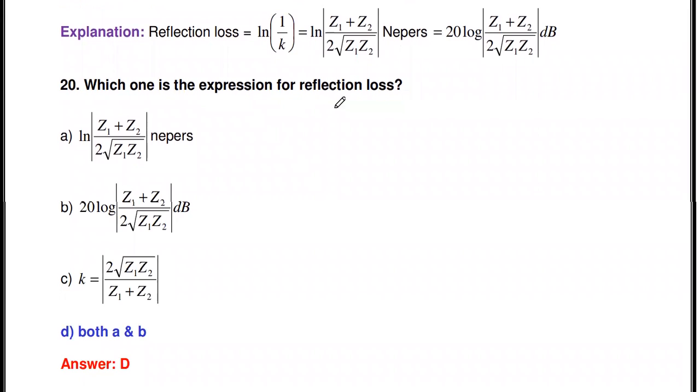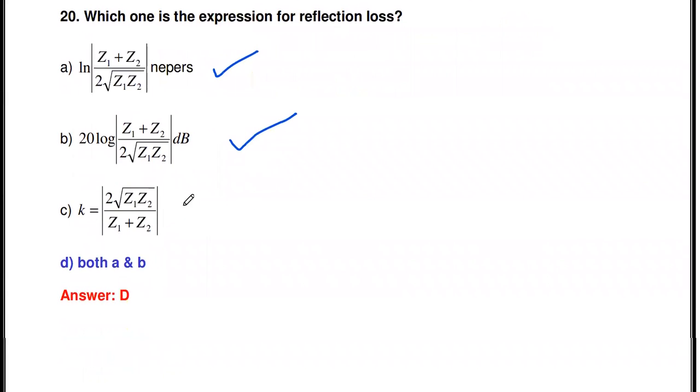So which one is the expression for reflection loss? ln of Z1 plus Z2 by 2 into square root of Z1 Z2 is correct. Similarly, 20 log of Z1 plus Z2 divided by 2 into square root of Z1 Z2, in dB, is also correct. This other one is not correct, as it is the reflection factor.